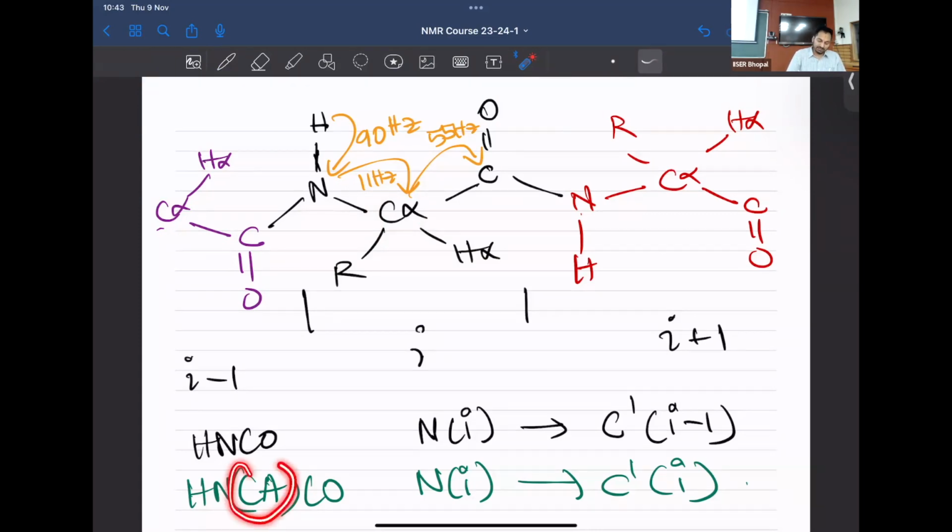Right? That is why it is written in brackets. It is still a three-dimensional NMR experiment similar to the HNCO. The only difference between the HNCO and the HNCACO with the CA in brackets is that it will not get the C alpha chemical shift, and it correlates the ith amide nitrogen to the ith carbonyl carbon.